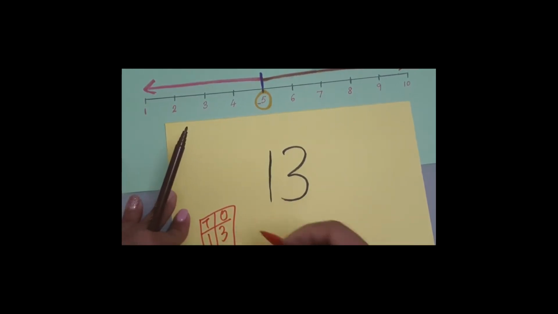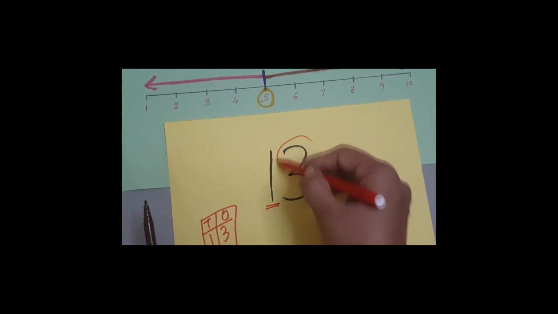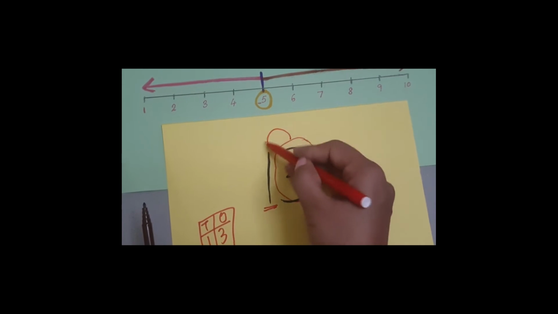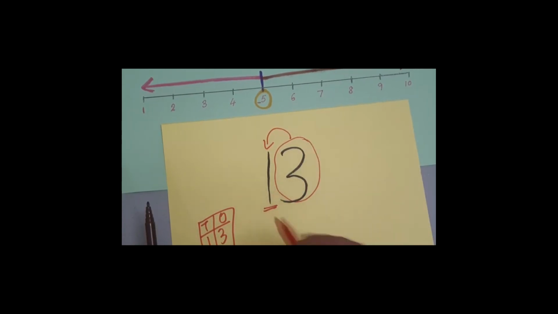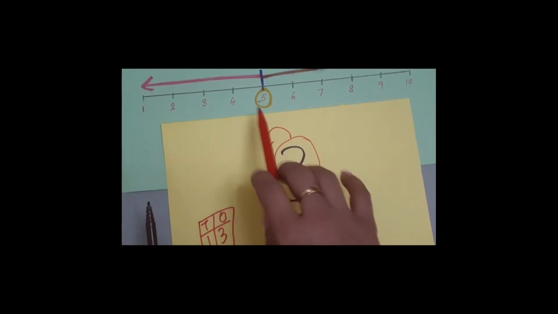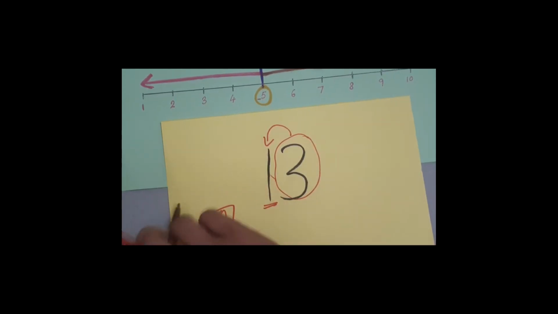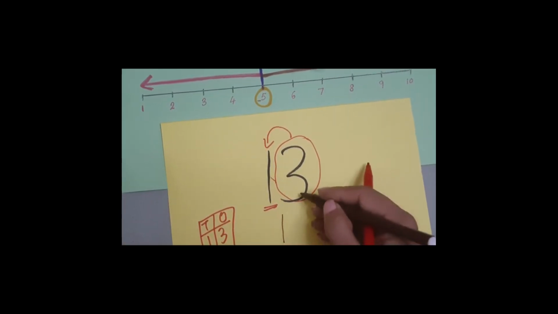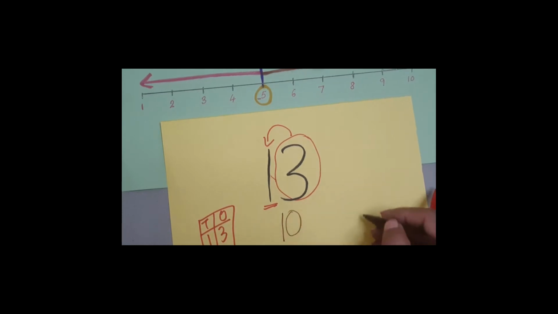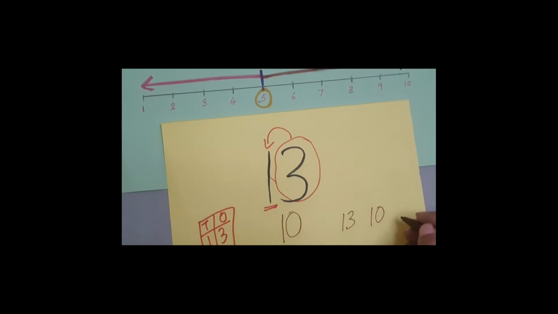So the number at tens place is 1, and the boss here is 3. Now 3 is going to tell 1 whether to stay or to go up. We know that 3 is smaller than 5, so 1 is going to stay, and in place of 3 we will write 0. So 13 is rounded to 10.